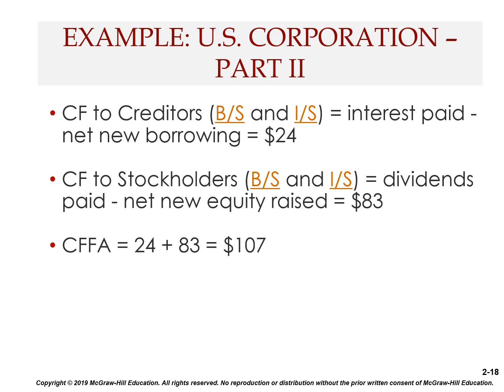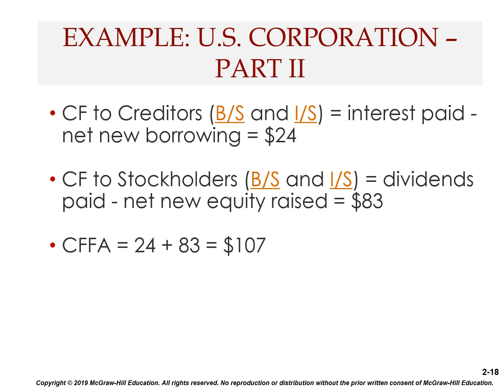It went from 408 to 454. So more money was brought in, or 46. So we paid 70, but we got 46 from our creditors. So what's the net that we paid? 24. So of the 107, 24 went to the creditors.